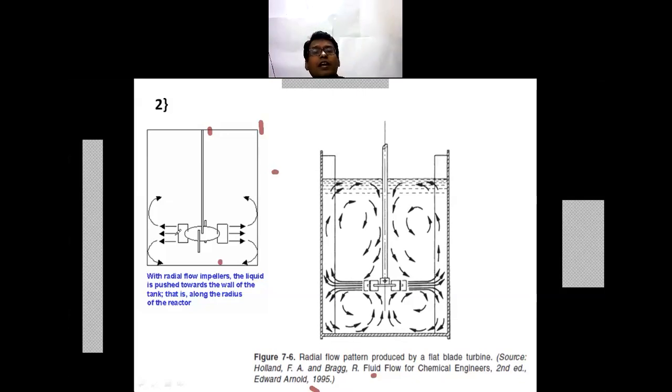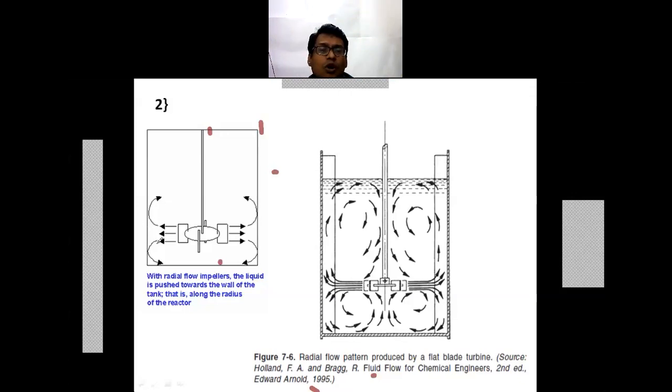So with a radial flow impeller, the liquid is pushed towards the wall of the tank, that is along the radius of a reactor. Now what happens once this radial flow impacts on the vessel wall? It changes its direction in the upward or lower direction.